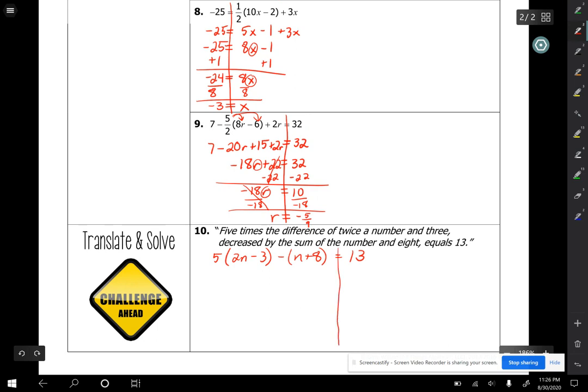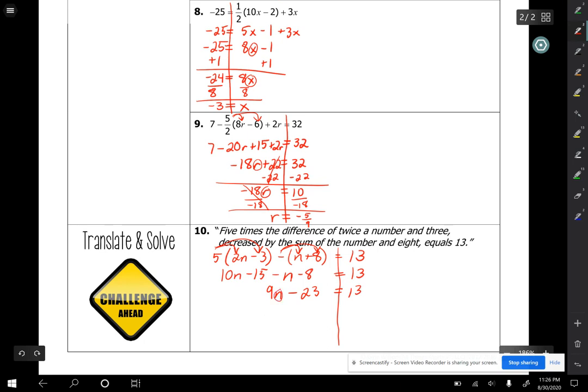Draw my line, distribute. Minus n is 9n. Negative 15 minus 8 is negative 23 equals 13.